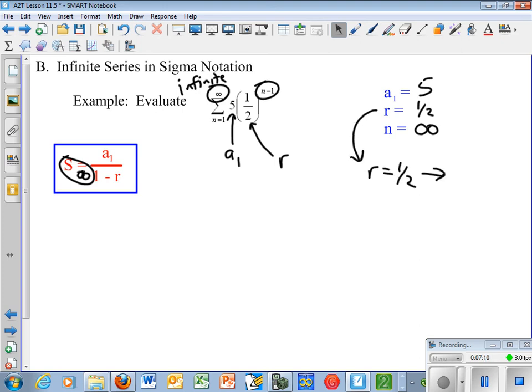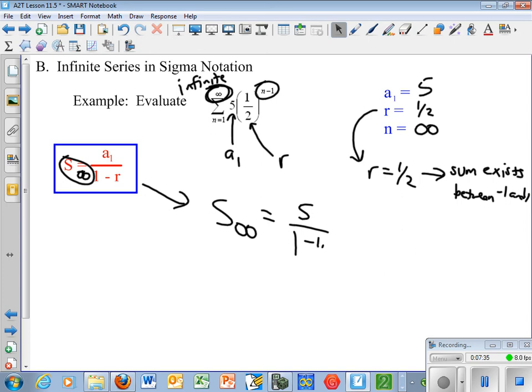That tells me the sum exists because it's between negative 1 and 1. So the sum exists, so we're going to use this formula. The sum of this infinite geometric series, and I know this is infinite because of that infinity symbol on top of my sigma summation symbol, is A1, which is 5, divided by 1 minus 1/2. 1 minus 1/2 is 1/2.